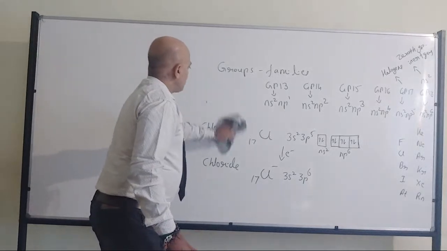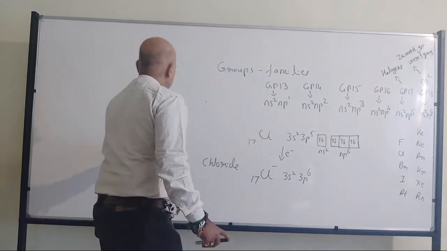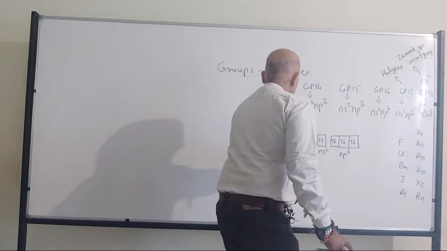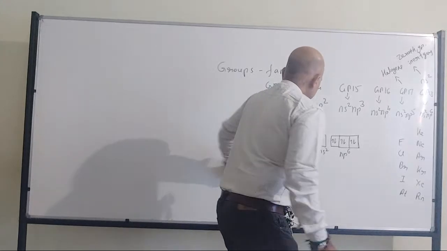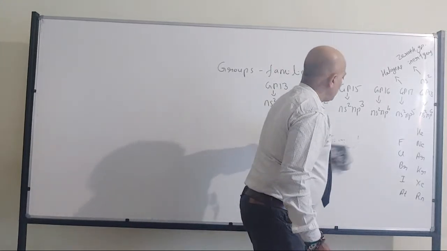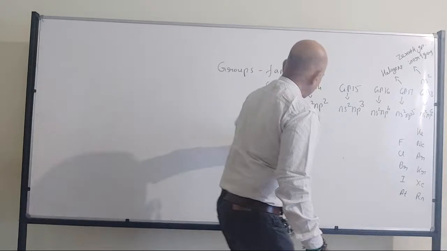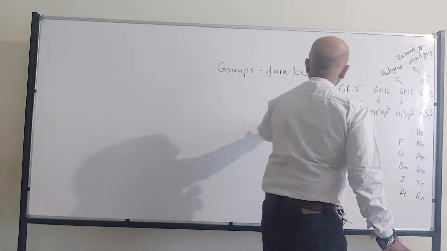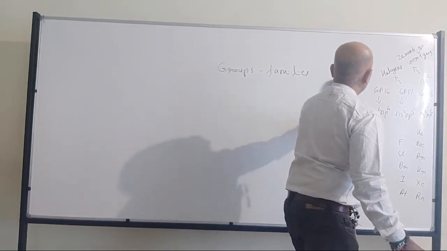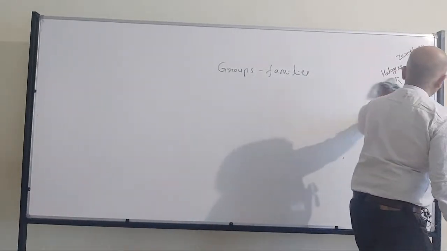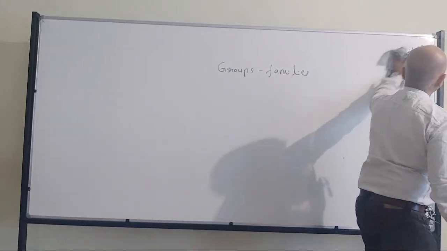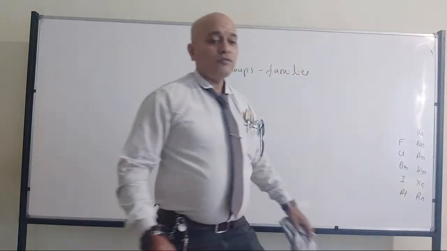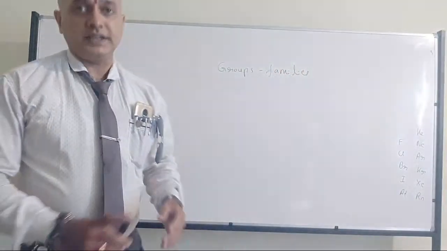Any doubts? So what we have discussed just now shows that elements which come under a particular group will have similar outer electronic configuration. That's what we can conclude based on the discussion we have done.